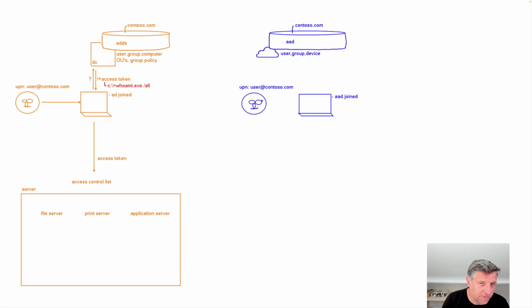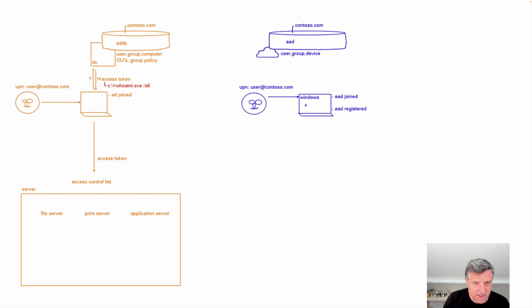Here we have two situations. First of all, a device could be Azure Active Directory joined. However, a device could also be Azure Active Directory registered. When we think about a device that is Azure Active Directory joined, then the user will actually sign in to Windows with the Azure Active Directory user object.